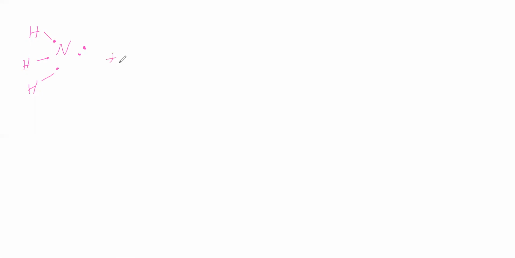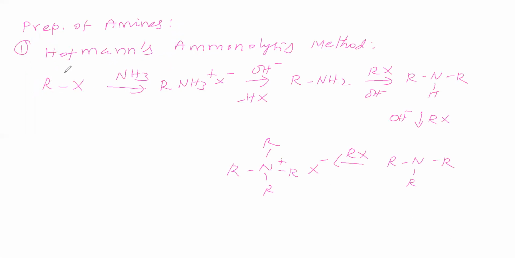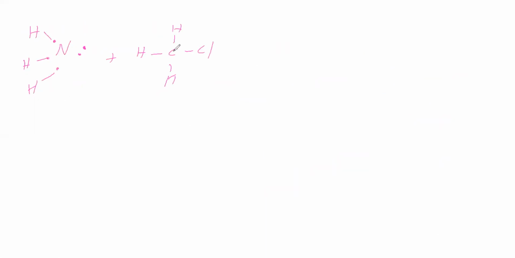Now in the place of RX, suppose we take CH3Cl. In the place of R, CH3, and in the place of X, Cl. Cl is more electronegative than carbon, so Cl is pulling this bond, and carbon becomes electron deficient.